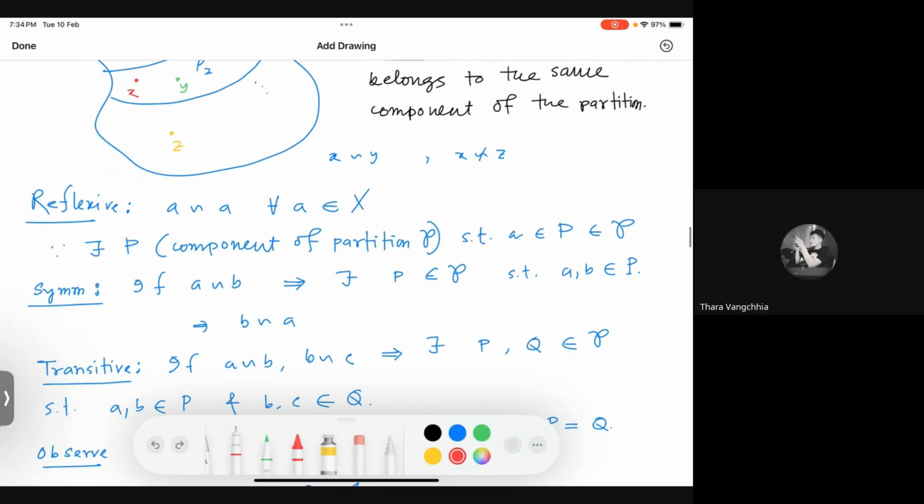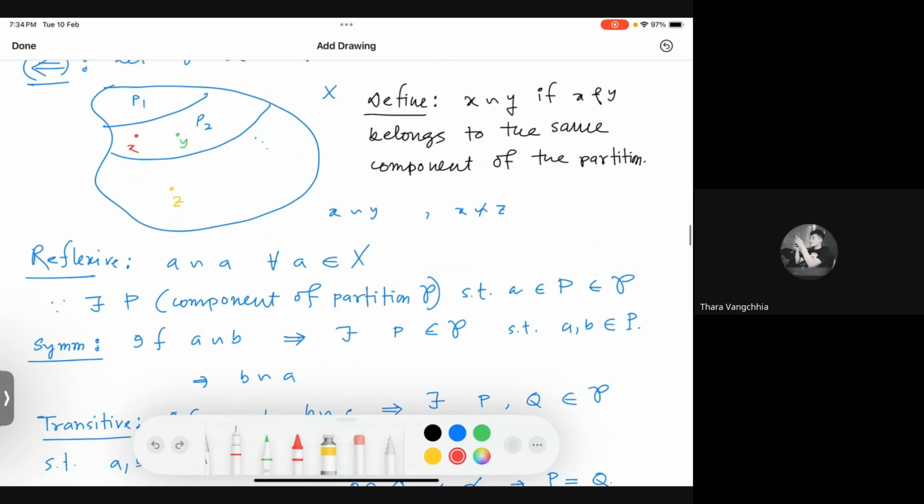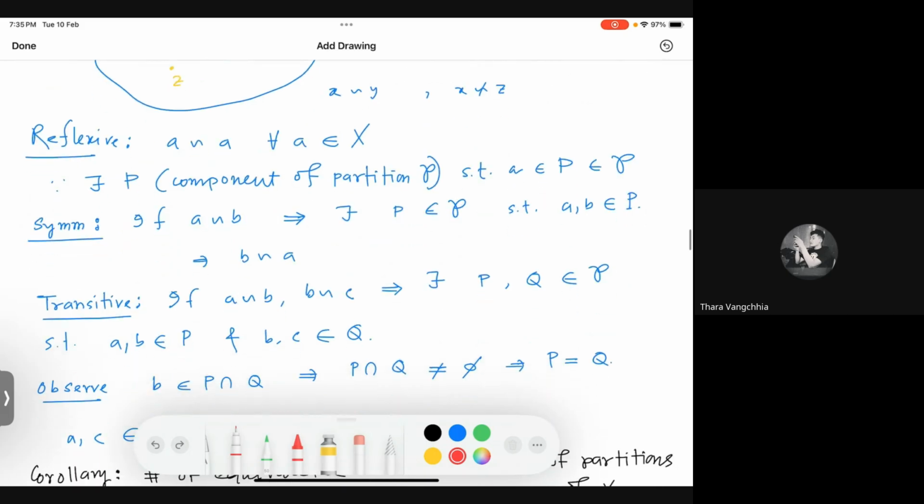Because if you take any element from X, then a belongs to one component of the partition. So if P is the component, then a also belongs to P. So that's why a is related to a. So this is reflexive and this is true for all x.